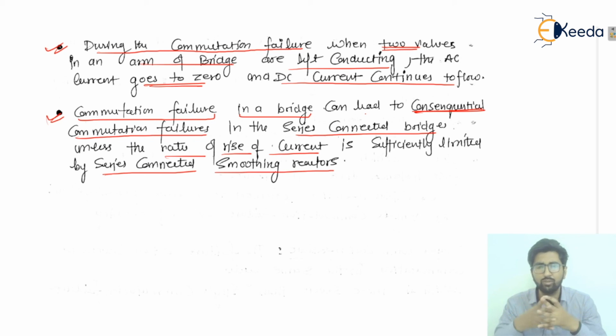That's why we are using the smoothing reactor. If one commutation failure occurs, there may be a chance of another commutation failure if there are series connected bridges, meaning the 12 pulse converter. So I hope you have understood all these points. We will move on.